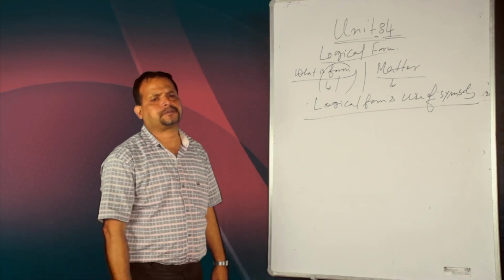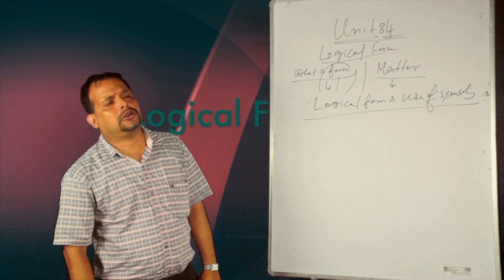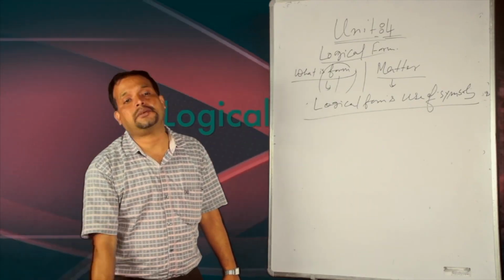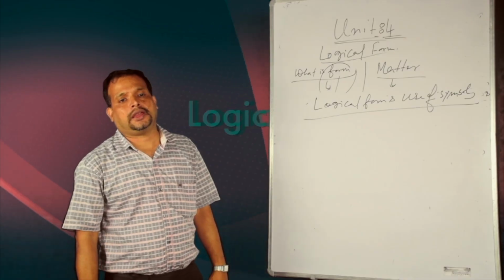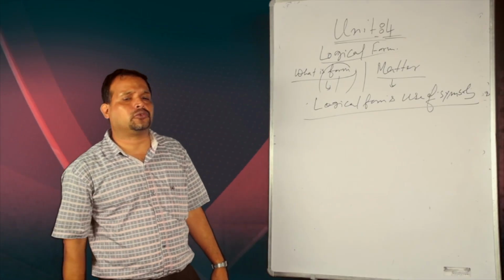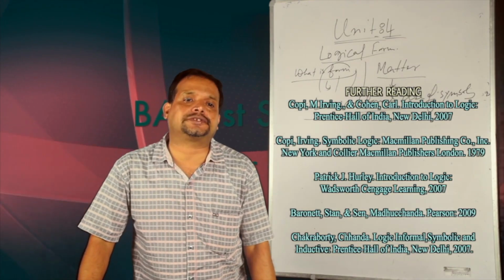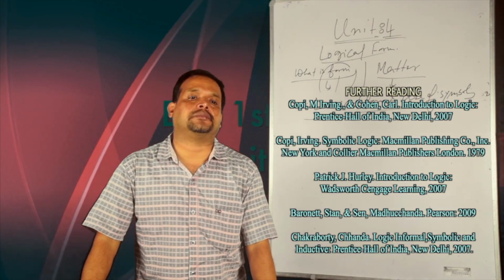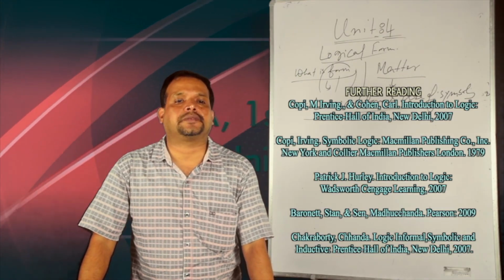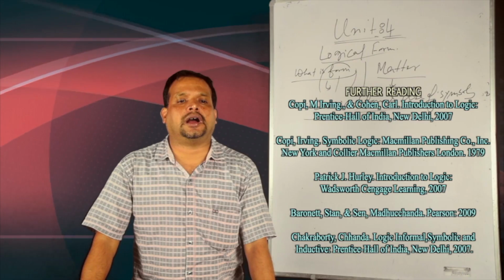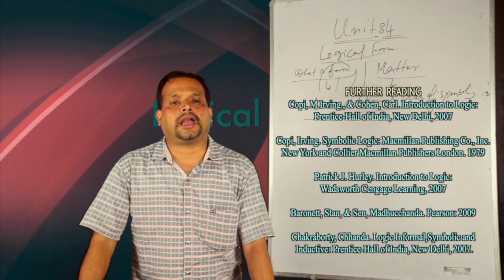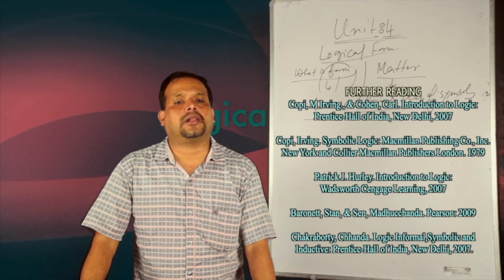Dear learners, in order to know this unit comprehensively, you have to read or consult books like Introduction to Logic and Symbolic Logic, written by Irving M. Copi, and Cohen and Carl.